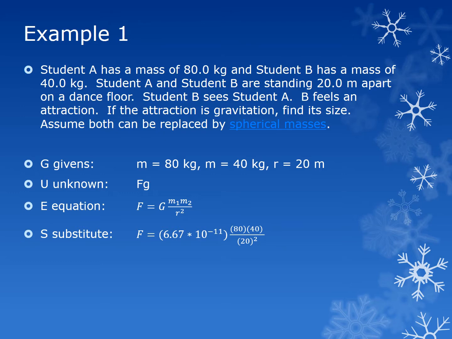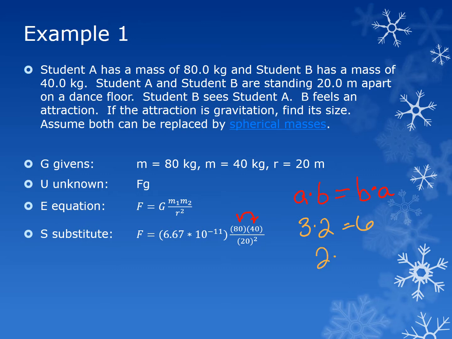So if we substitute, G is 6.67 times 10 to the negative 11. M1 is 80. M2 is 40. But it doesn't really matter which you put where, right? In math, we have the property, if we have A times B, that's the same as saying B times A. If you want to put it in terms of numbers, if we have 3 times 2, we get 6.